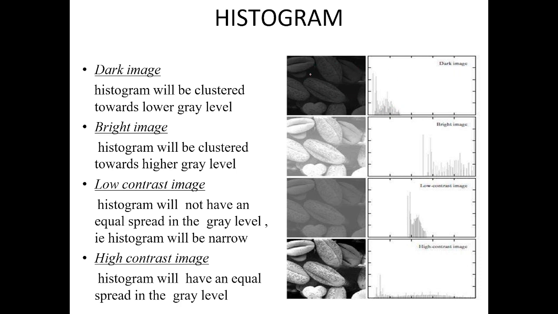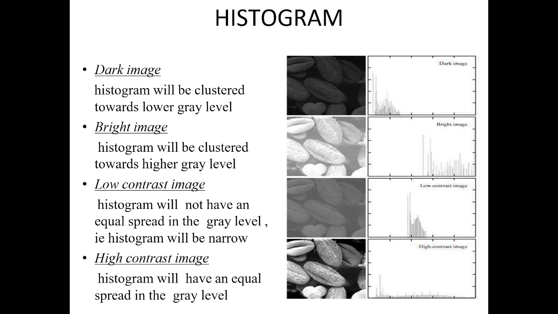So the graph is plotted at the lower level. If the image has a brighter level, more bright, it will be at the higher gray levels. If the image has an average contrast, then it comes in the middle of the graph.